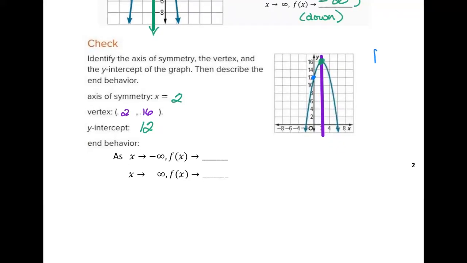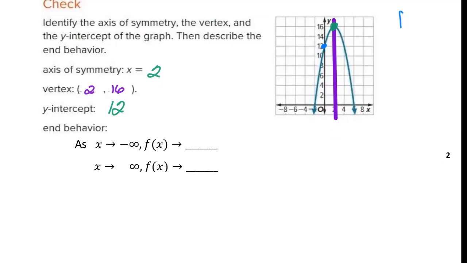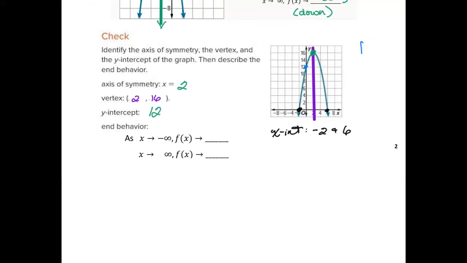They don't have the x-intercepts, but if we did, x-intercepts would be -2 and 6. I know they didn't have that, but we're going to have to find those anyway.